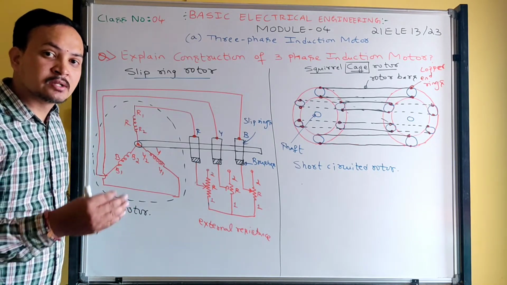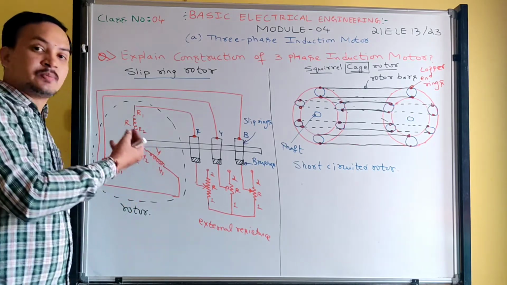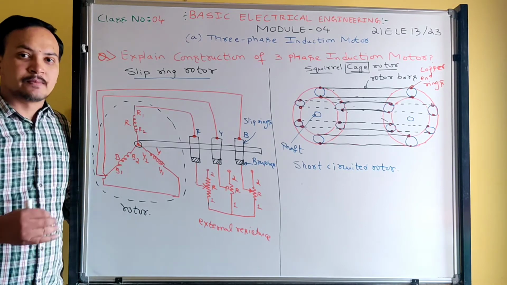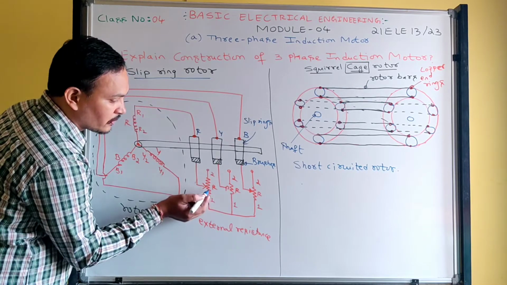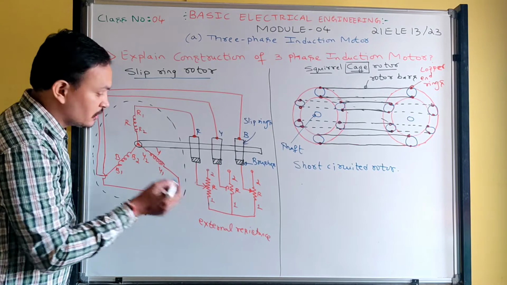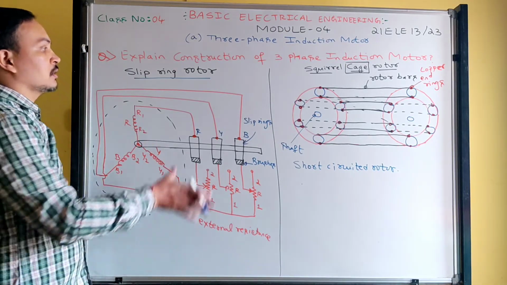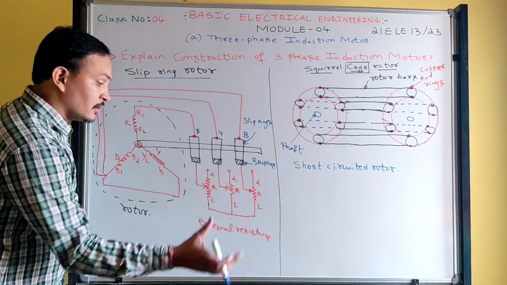Finally the mechanical force will be lesser, and the rotor speed also decreases. So by varying this resistance, the biggest advantage is that we can control the speed of the rotor, and hence we can control the speed of the slip ring induction motor from the rotor side.